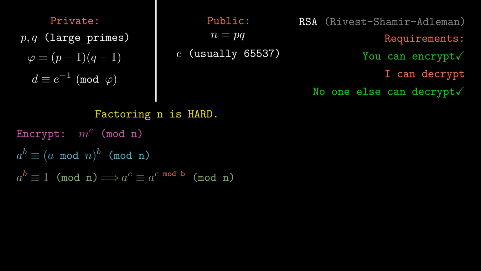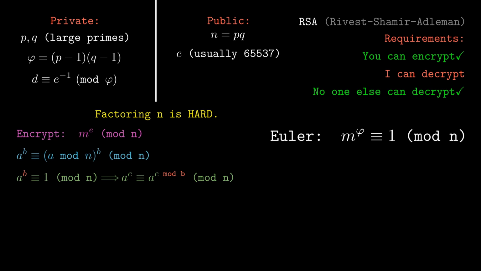Now, there's a theorem called Euler's theorem that says m to the phi is congruent to 1 mod n, which unfortunately we didn't have time to cover in this video. That damn Euler has so many theorems named after him that if you go off to research Euler's theorem on your own, there's a good chance that you'll end up reading about the wrong stuff. So be careful, I guess.